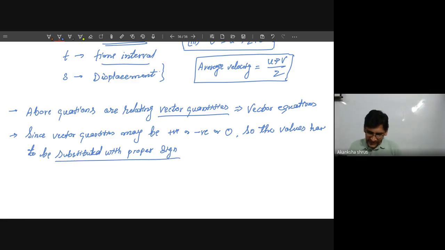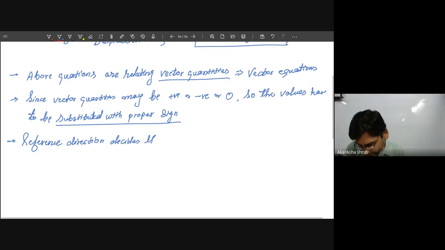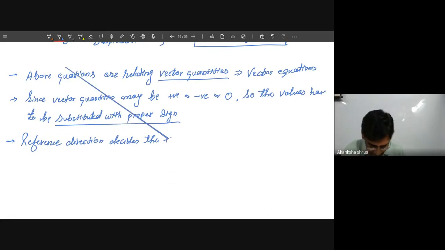What is this proper sign? That we will learn. Whether it is negative, positive or zero is always given with reference to the direction we are taking. So the reference direction decides the positive or negative value of a vector quantity.